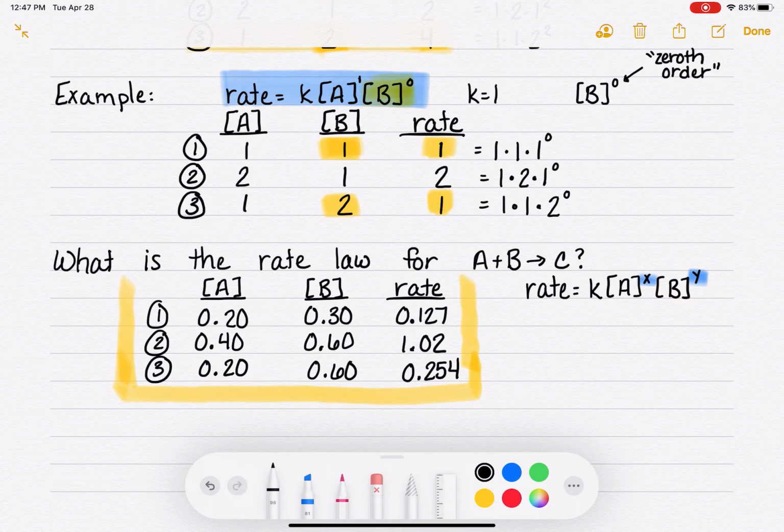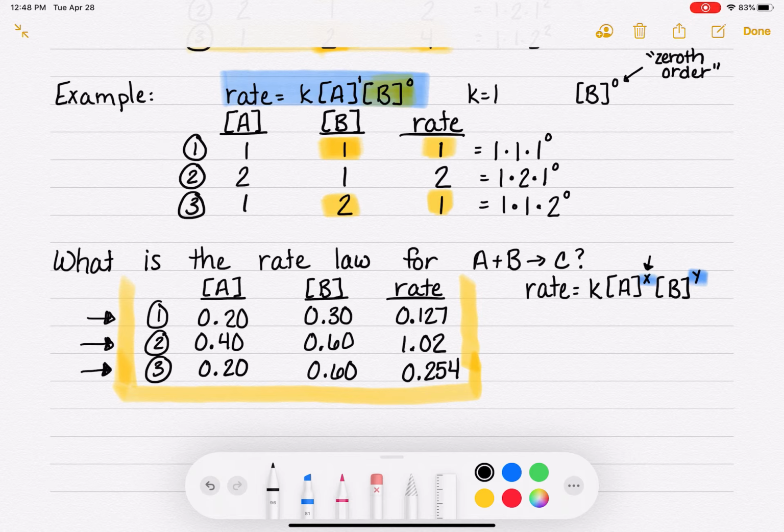So how are we going to do this? Well, our goal is, let's just go one at a time. Let's focus on x first. And what we want to do is go over here to our data, and we want to find two trials, like 1 and 2, or 2 and 3, or 1 and 3.